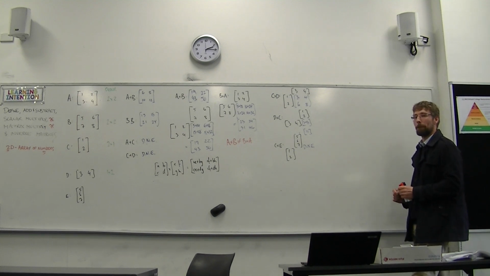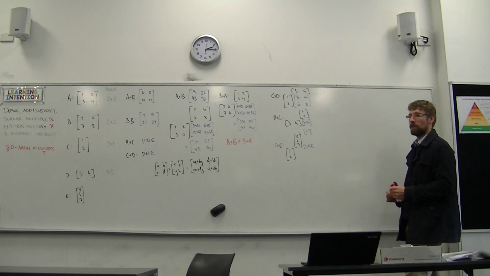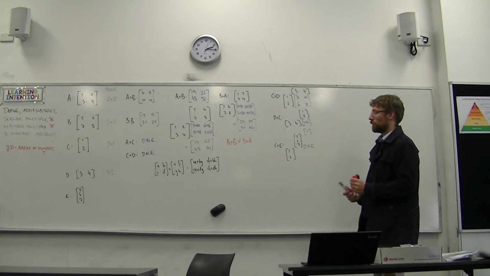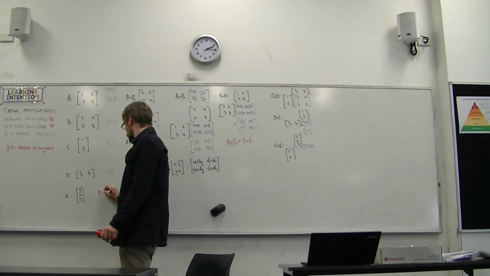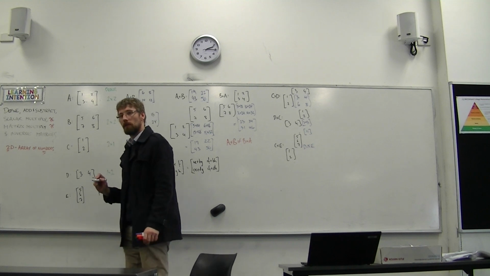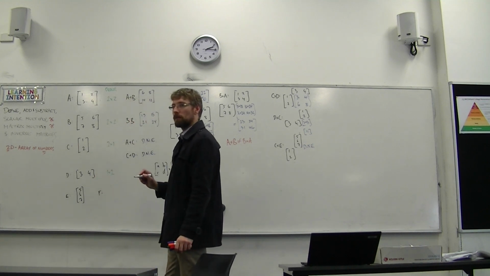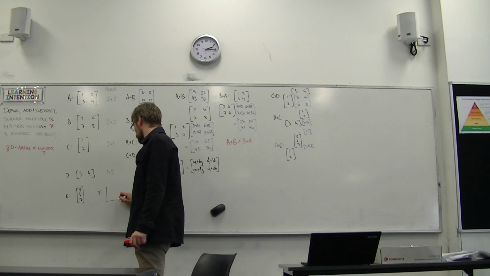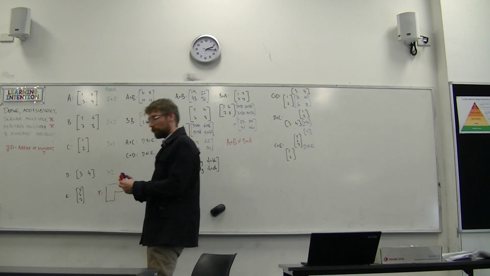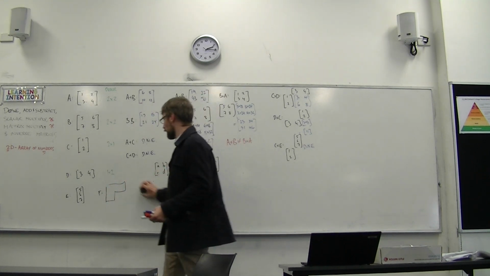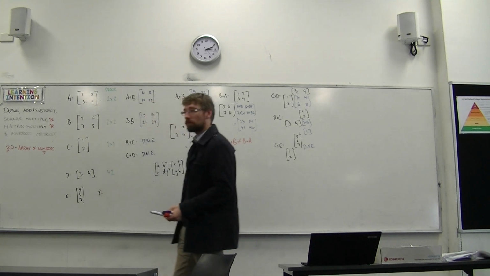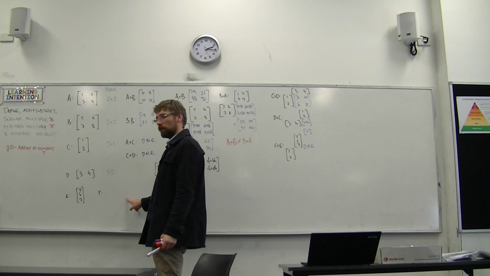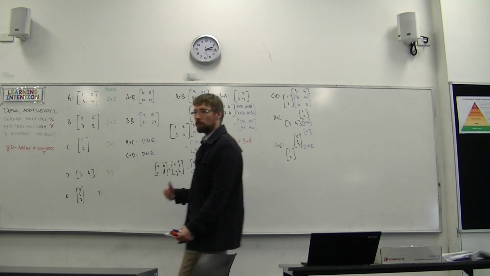Is it possible to have a 3 by 3? Yes, you can have 3 by 3. They have to be rectangular, or you can use zeros, like 1, 2, 3, 0, but then it's still got a value of 0 in there.